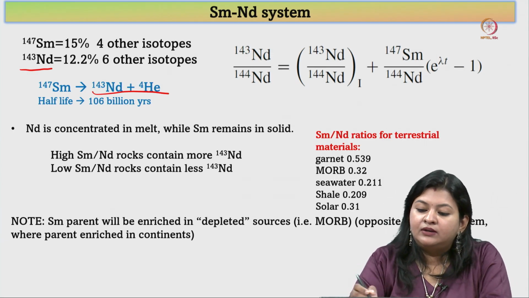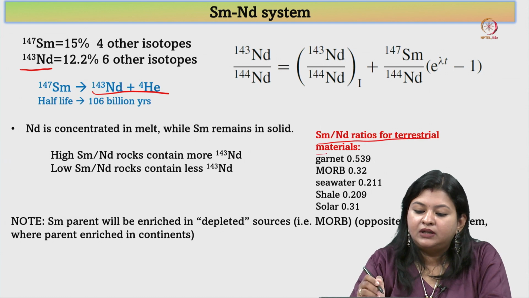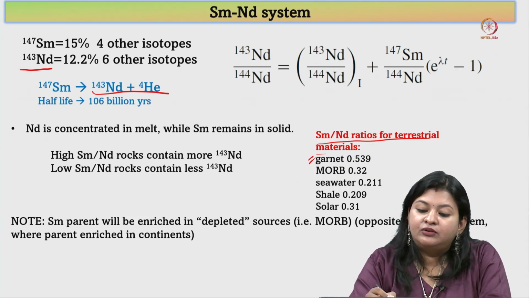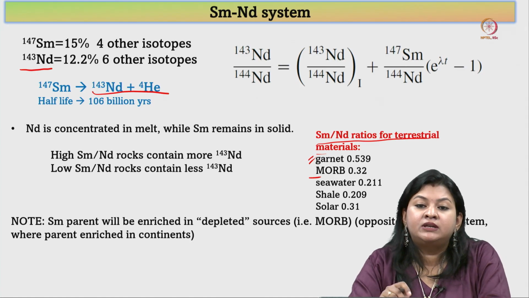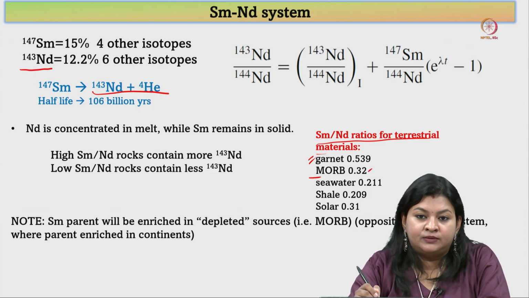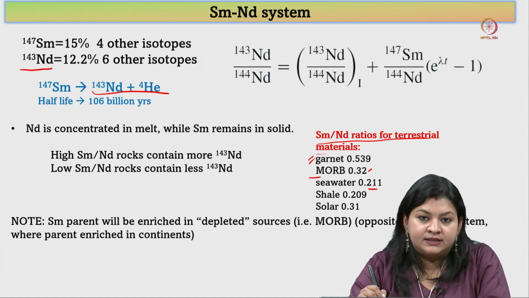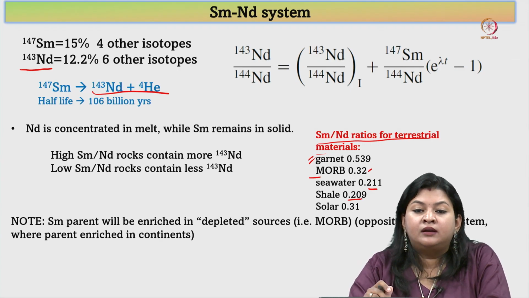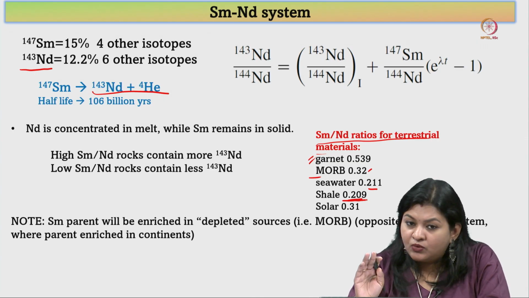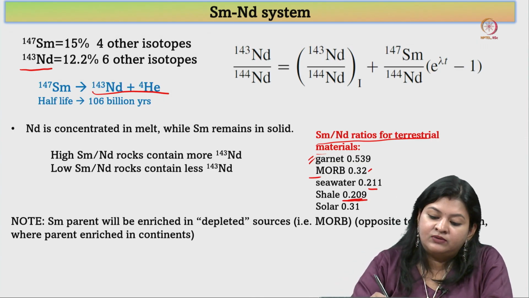If we see the terrestrial materials, you will see garnet, which hosts a lot of samarium. The samarium neodymium ratio is very high. MORB, that is the basalt found in mid-oceanic ridges, will also have a higher samarium by neodymium ratio. Sea water ratio is this. Shale, which is a kind of sedimentary rock, has a value of 0.209, and in the solar system the value is this.